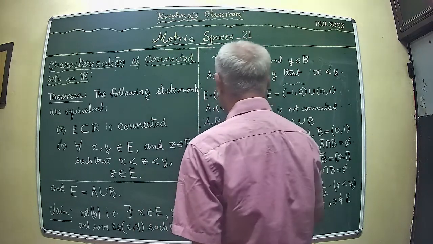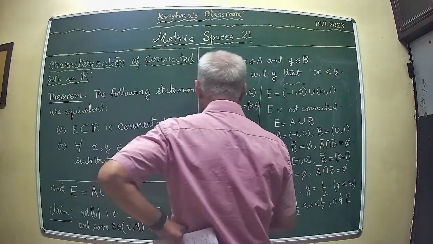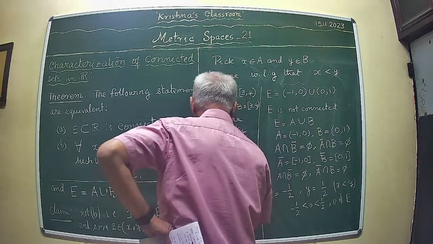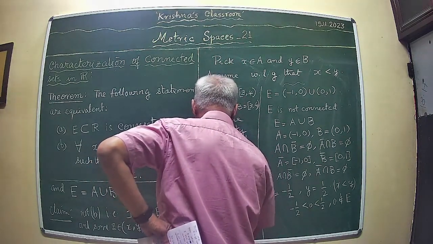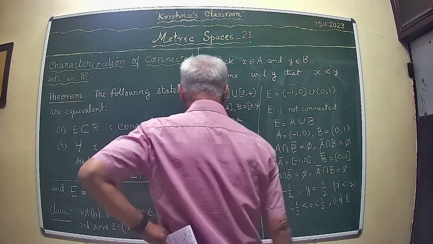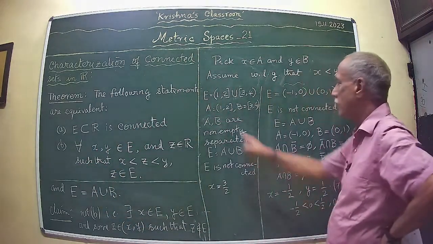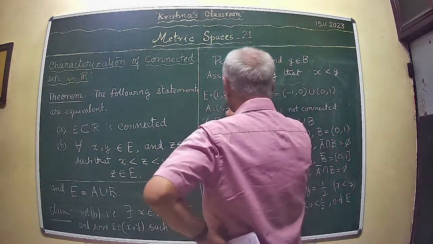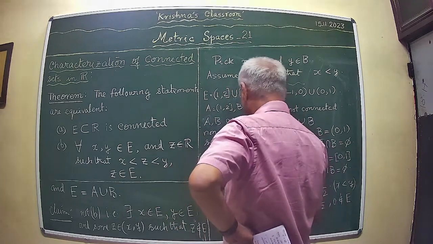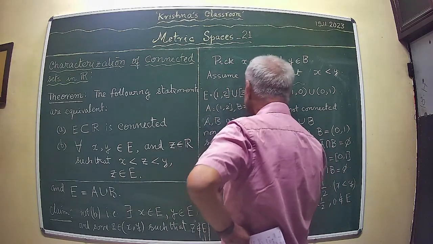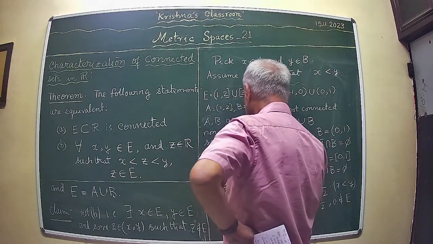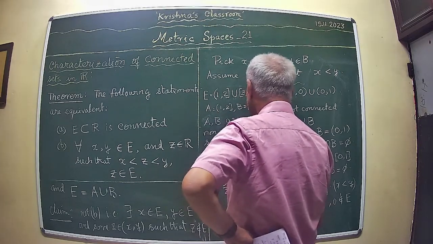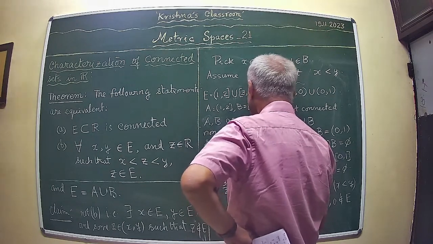Here again, one can choose, say, X as 3/2. There is no sanctity in the choice, you can choose any element, and even choose 2. And Y as, say, 7/2, in [3, 4].